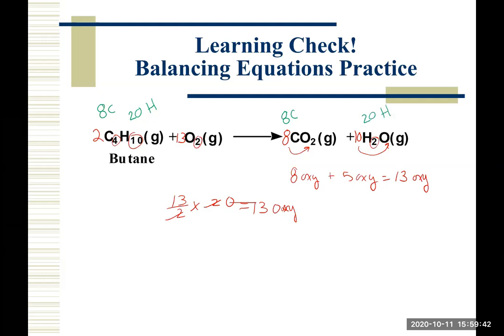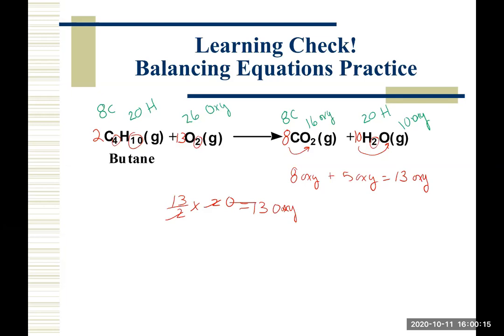And now the oxygens. We have 13 times 2, which gives us 26 oxygens on the left. And over here on the right, we have 2 times 8, which gives us 16 oxygens in the CO2, and 10 times 1 gives us 10 oxygens in the H2O, which gives us a total of 26 oxygens on both sides.